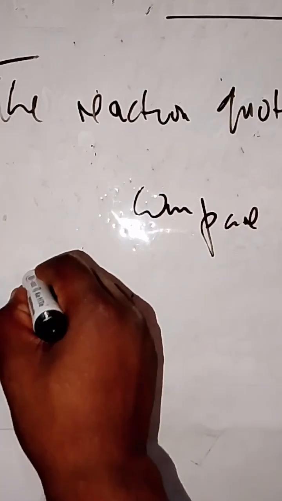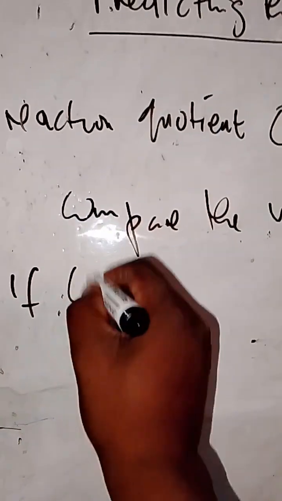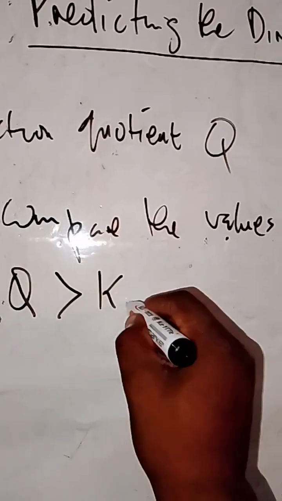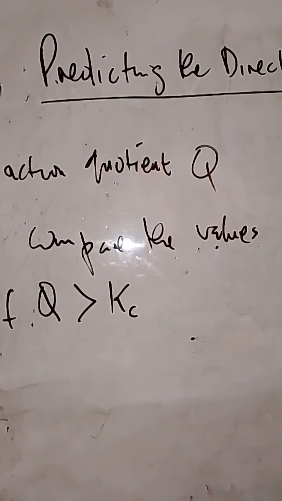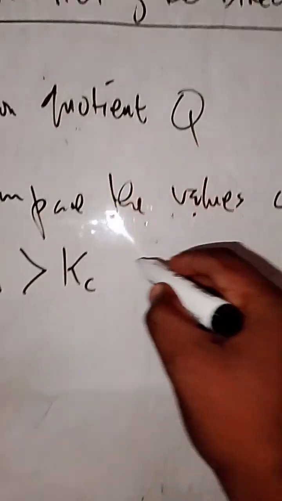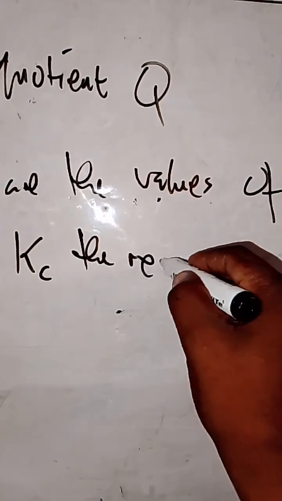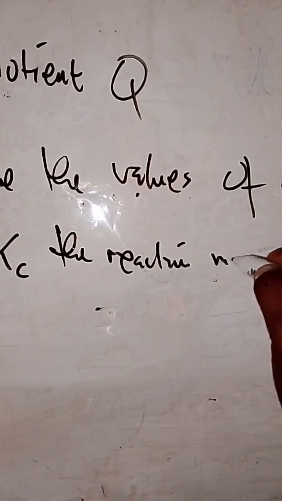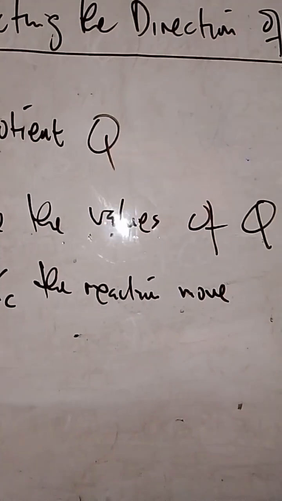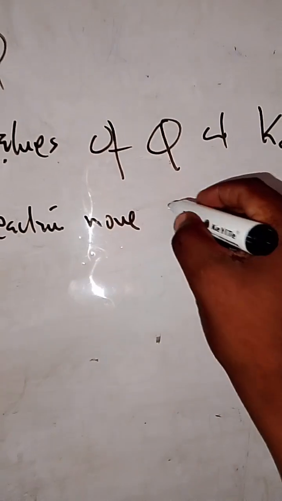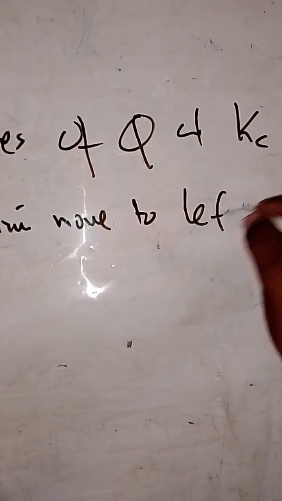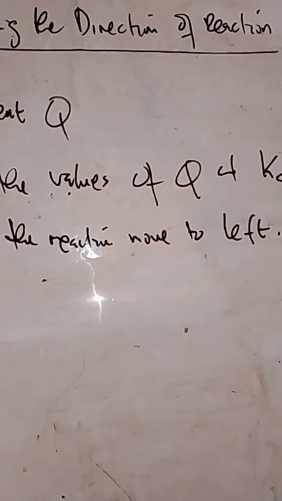If Q is greater than Kc, the reaction will move to the left.